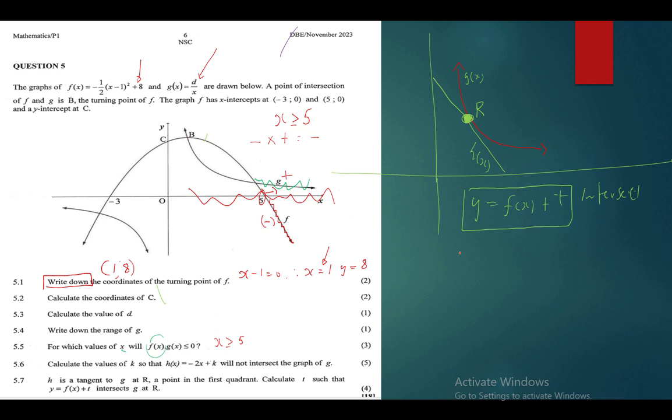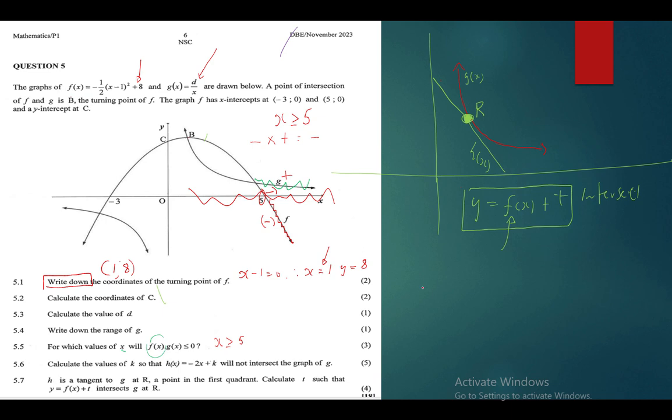If h is tangent to g, I've drawn it on the diagram with a green arrow. If h is tangent to g at r, a point in the first quadrant, calculate t such that y equals f of x plus t intersects g. Guys, it's very important to note that they are saying this y equals f of x plus t is intersecting g at the same point r.